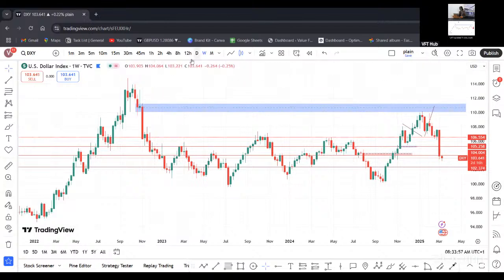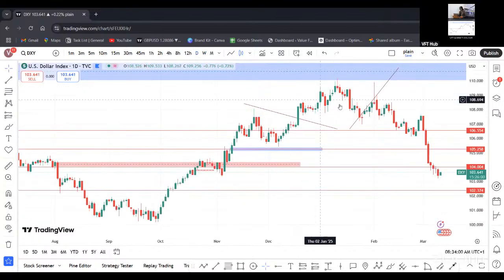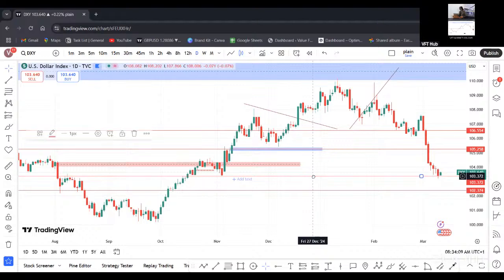And down to the daily time frame, we can see more push to the downside, and overall long term, I see price closing below the low at 103.372 on the daily time frame.